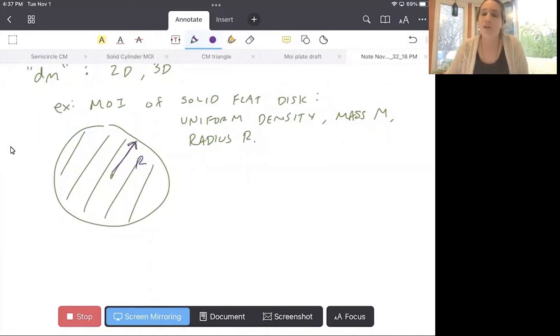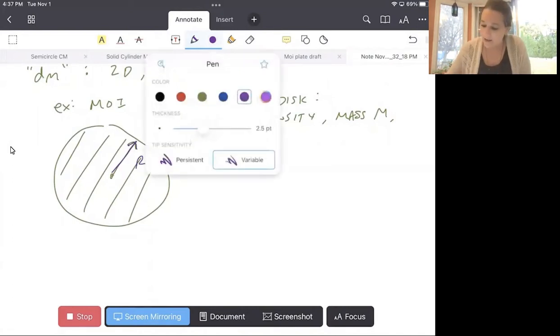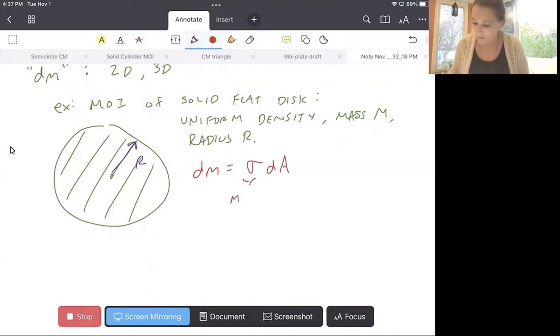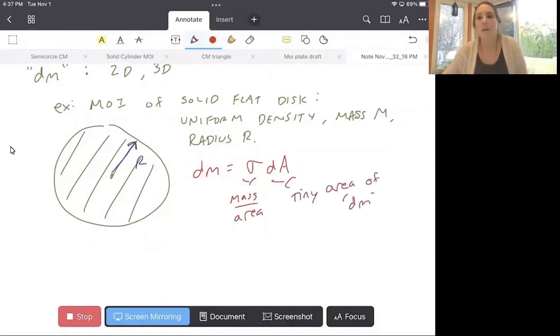Great. So in terms of what dA or dm could be, in 2 dimensions, dm can be written via an areal density, mass per area, sigma, times a tiny little bit of area. Just like in 1D, it was the mass per length times a tiny little bit of length. Here, we have a mass per area times a tiny area for our dm.